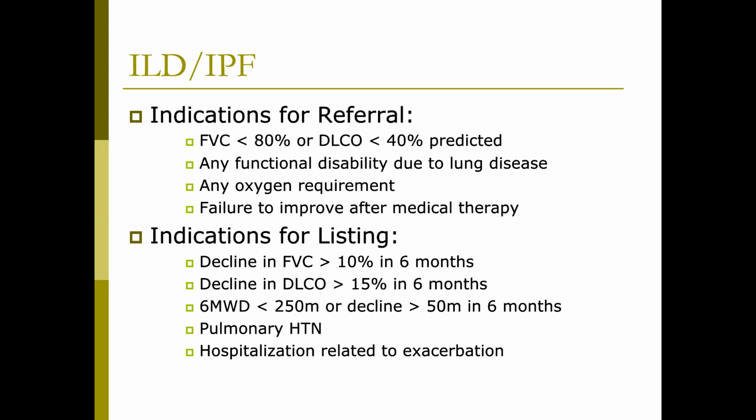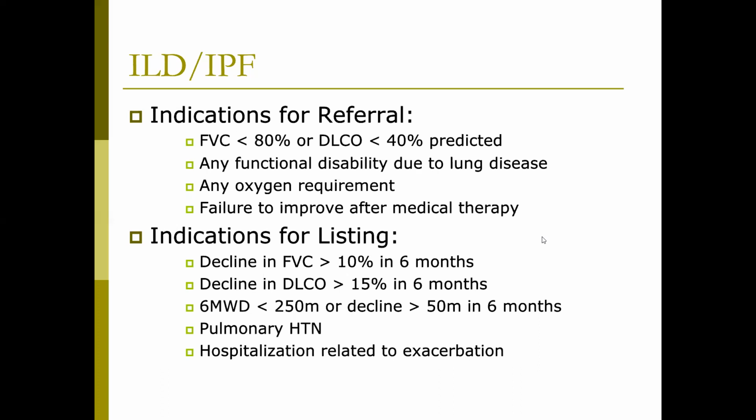Anyone that gets hospitalized related to an exacerbation of IPF can be a trigger to list. And again, this is done because we think that IPF is a very, very rapidly progressive disease, and we have to catch them early, so we have a chance to intervene and help with transplantation. And perhaps this is one of the reasons why the majority of lung transplantations nowadays are done for IPF.